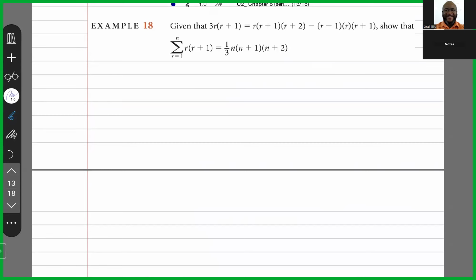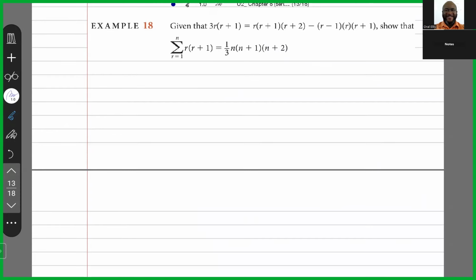We are to show that the sum of r times r plus 1 from r equals 1 to n is equal to 1/3 n times n plus 1 times n plus 2.